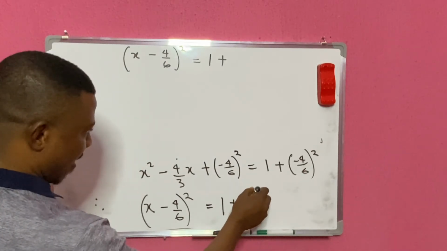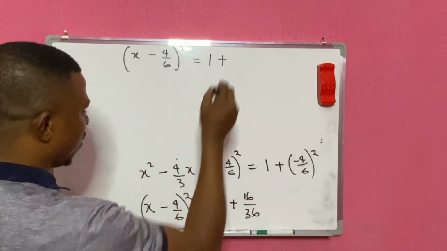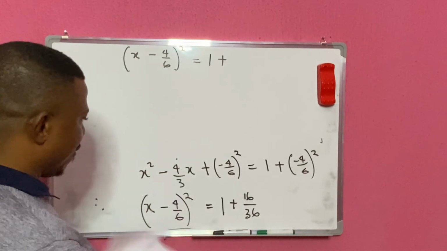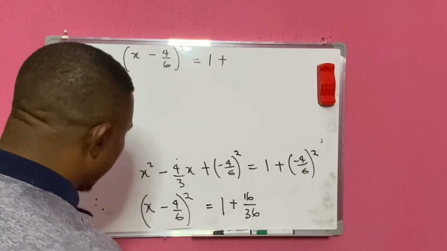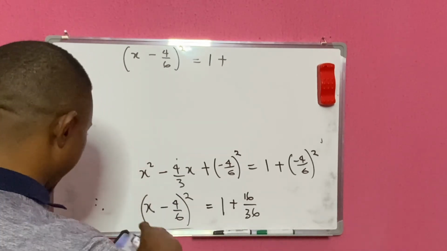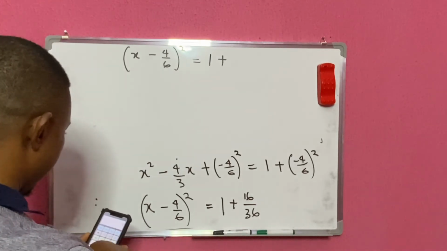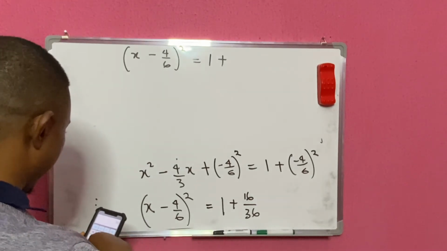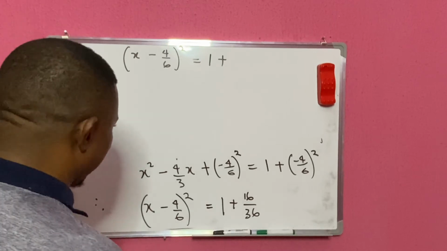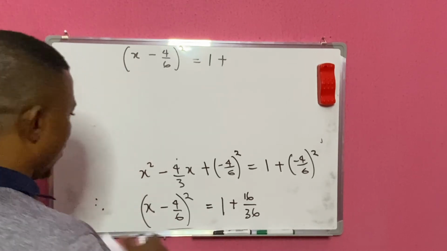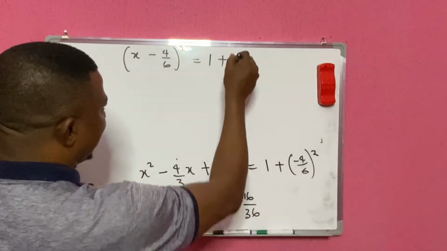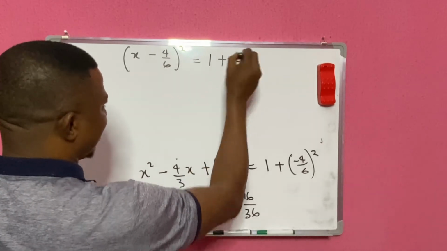In that case, 4 here will give me 4. 4 by 36 should give me 9. 36 divided by 4, 9, correct. When I divide this by this, I have 4 over 9.